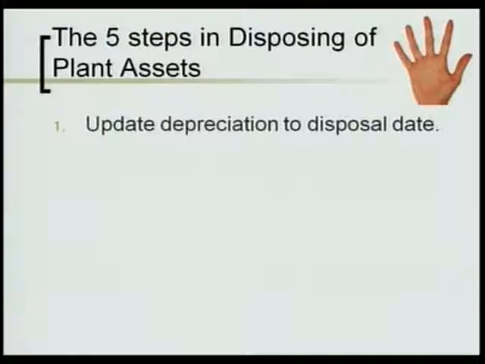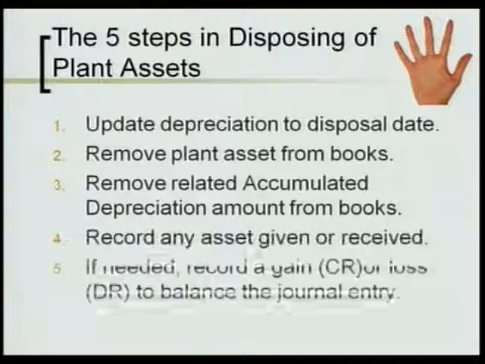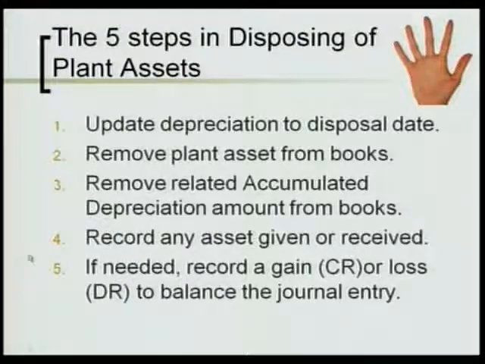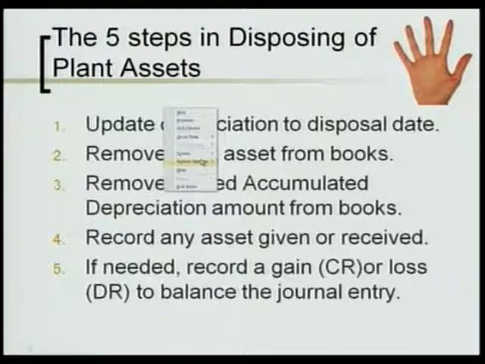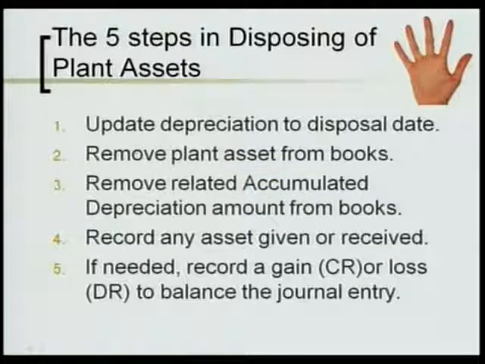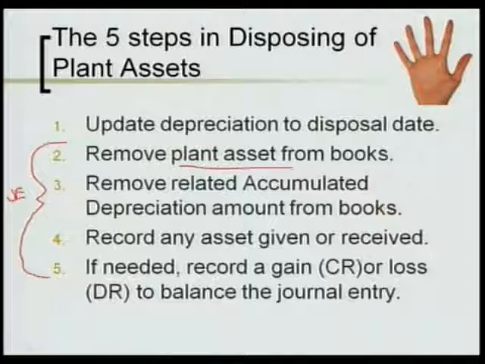Now, these next 4 steps have to do with creating the journal entry that you're going to book, okay? Let's see if I have my pointer today. Yep, I do, okay? So these steps right here have to do with building the journal entry, okay? We're going to remove the plant asset from the books.